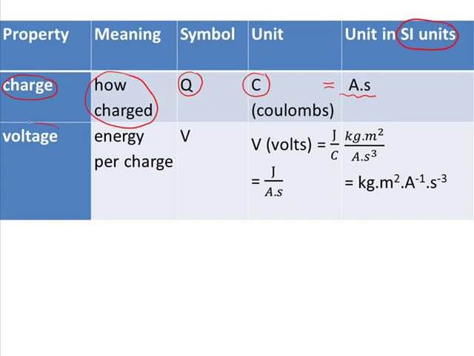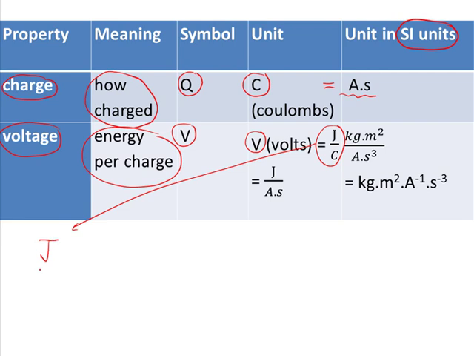Voltage means energy per charge. Its symbol is a capital V, and its unit is also called V, volts. A volt is a joule per coulomb. So we can write that in terms of SI units by remembering that a joule is a kilogram meter squared per second squared, and a coulomb is an amp second.